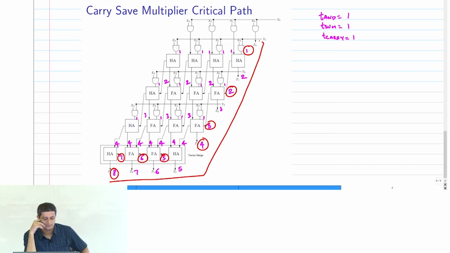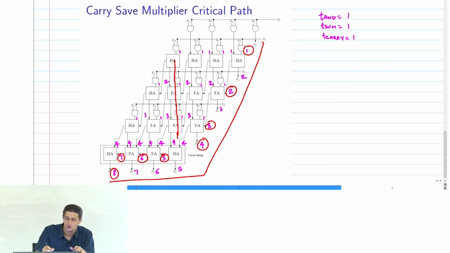Which path? Yeah, from here you can even go here. You mean this way, right? Yeah, so it turns out these two paths are the same. The delay will be the same.